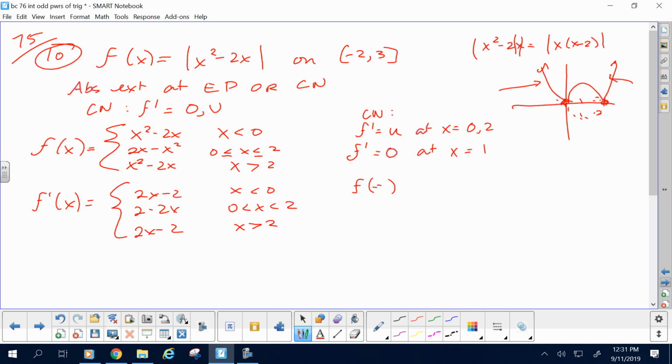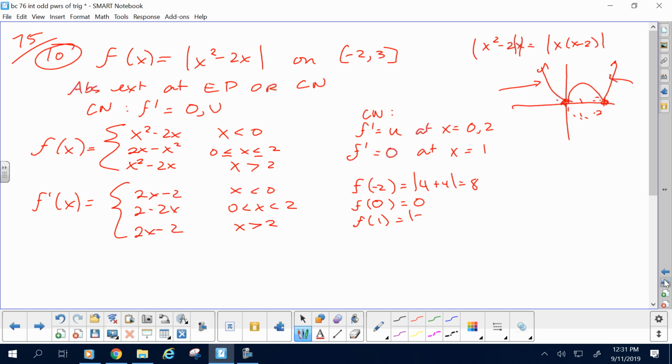F at negative 2. What's f at negative 2? Looks like the absolute value of 4 plus 4. Seems to me like it's 8. Are we good? The next point, I'm just going left to right. The next point I come to is f at 0. What's f at 0? 0. Then f at 1. What's f at 1?